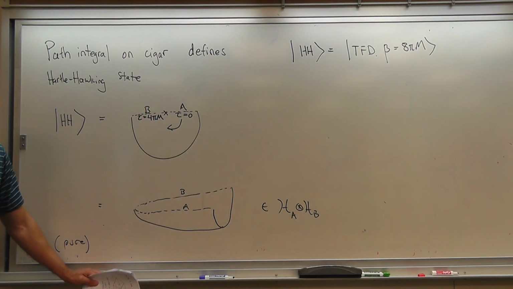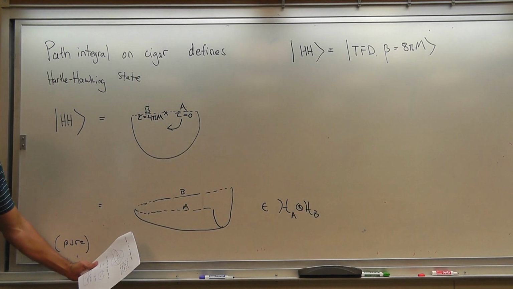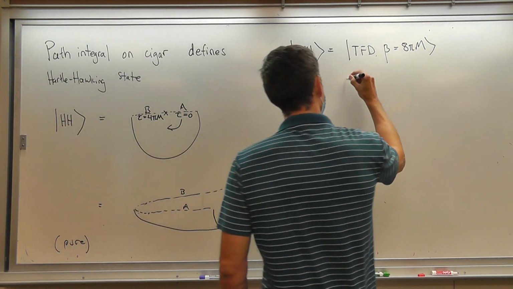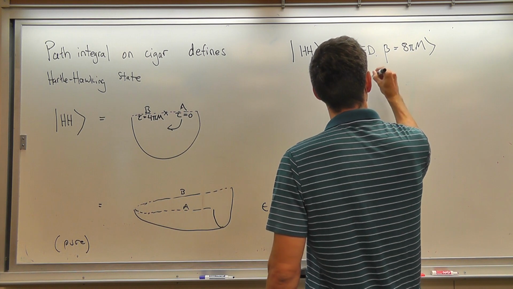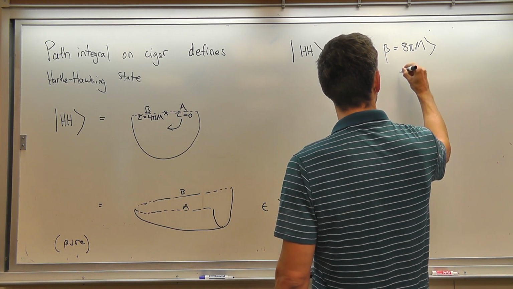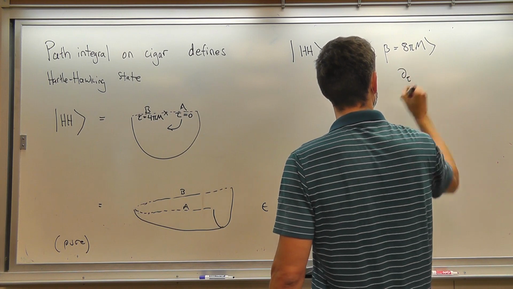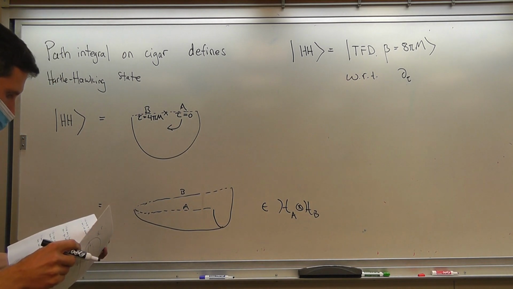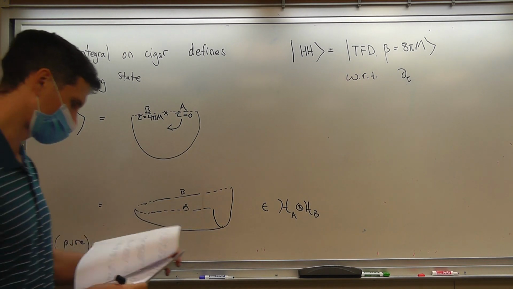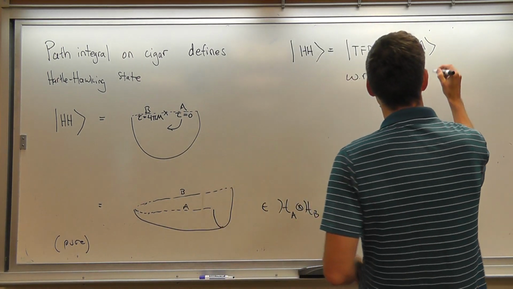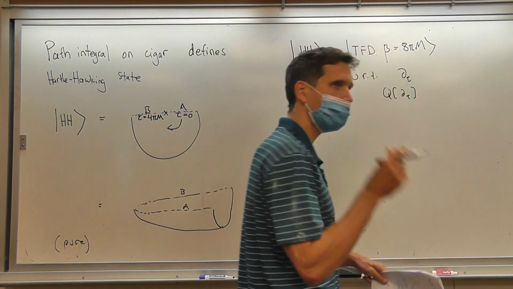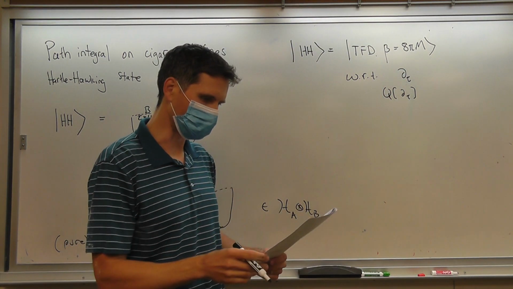Yeah, so it's the thermal field double with respect to the generator of translations in tau. Correct. That's important. So this is the thermal field double with respect to d by d tau, the conserved charge associated to tau translations, and this is a crucial point.